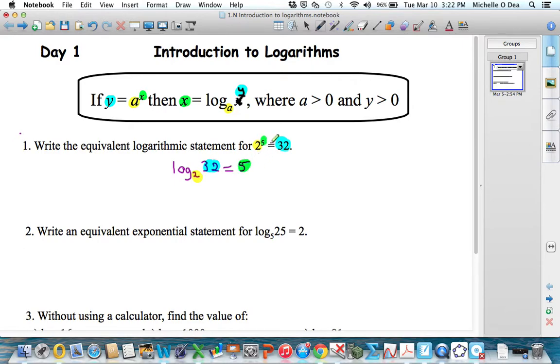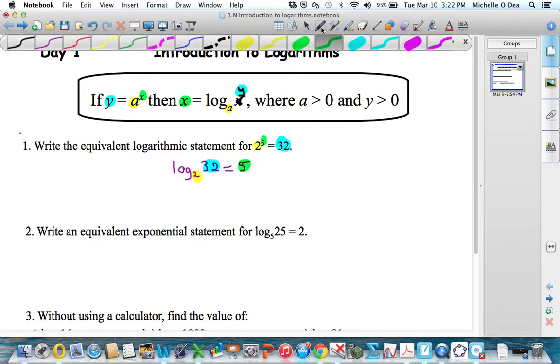So you can see the answer and the power swap when we write it as a log. And that's all it's saying. It's just an equivalent way to write the same thing. So what the log is actually saying is 2 to the power of something gives us 32. And so we know, of course, 2 to the power of 5 gives us 32. And that's it. All we're doing is practicing rewriting the logs and exponentials in a different way.